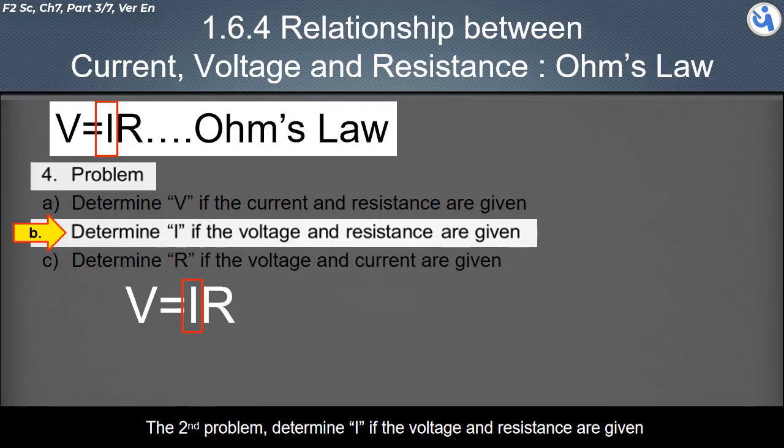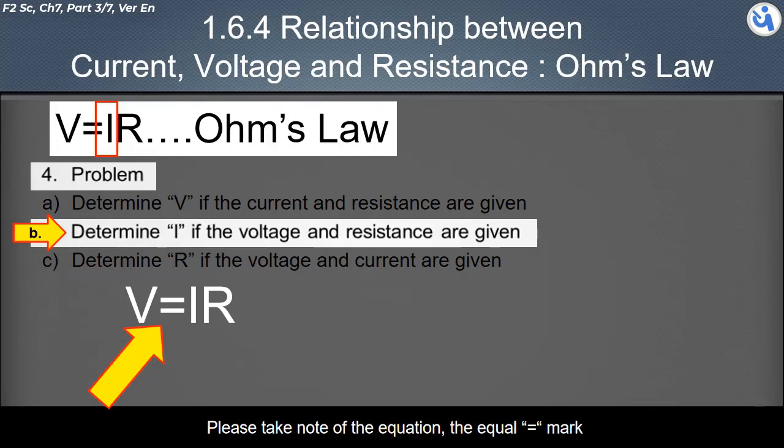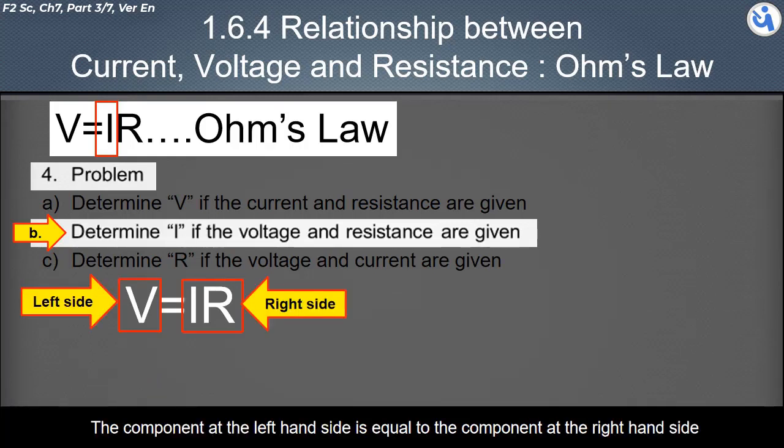The second problem: determine I, if the voltage and resistance are given. Please take note of the equation, the equal mark. This equal mark indicates that the component at the left-hand side is equal to the component at the right-hand side.